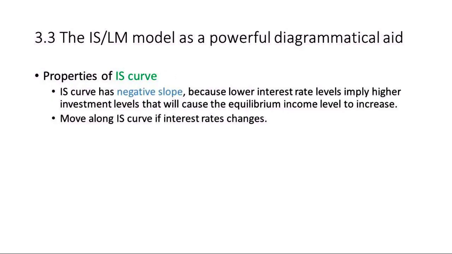Now, the properties of the IS curve: it has a negative slope. You see that it's sloped like a demand curve, downward sloping from left to right. And the negative slope means that at lower interest rate levels, investment's higher and the equilibrium income is greater. So any move along the IS curve is associated with a change in interest rates. That's what you have on the vertical axis.